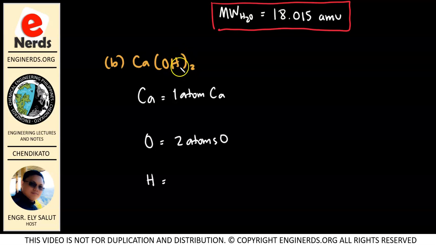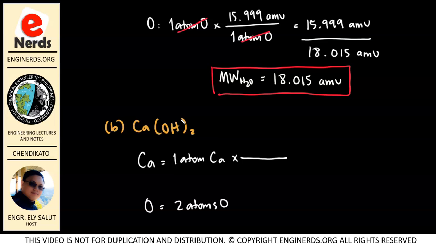Similarly, sa ating hydrogen, wala ka rin nakikitang subscript dito sa loob. So that means you will just be multiplying 1 to 2. So 1 times 2 will be equal to 2 atoms of hydrogen.